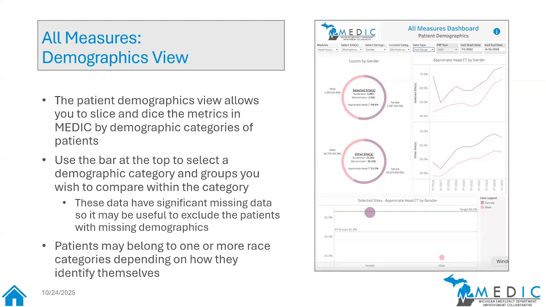I don't think you can see it on the screen. It says select demographics. On the screenshot it's gender, but you can pick whatever you want there. When you pull that down, you're going to see options for primary language, which would be English as the primary language, or non-English language preference as the other category. We're othering that one a little bit, but there are way too many options in that one.